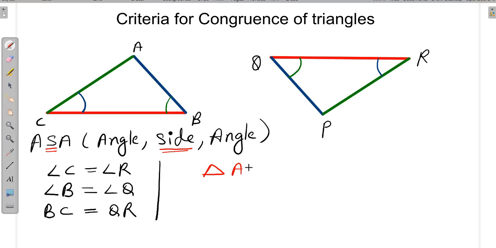That is, triangle ABC is congruent to triangle PQR. So this is for the third criteria.